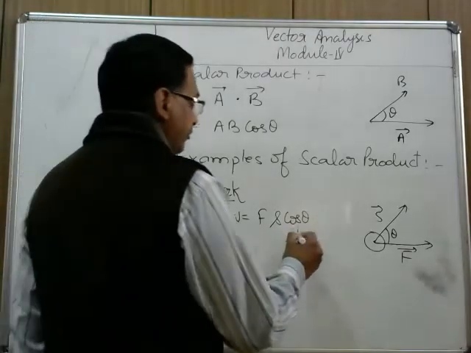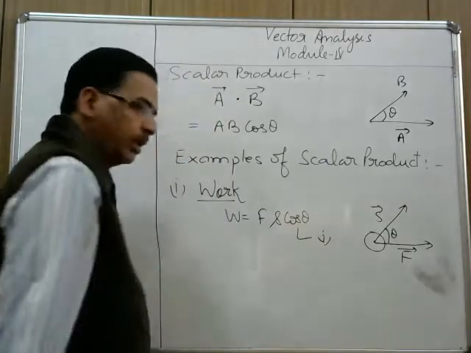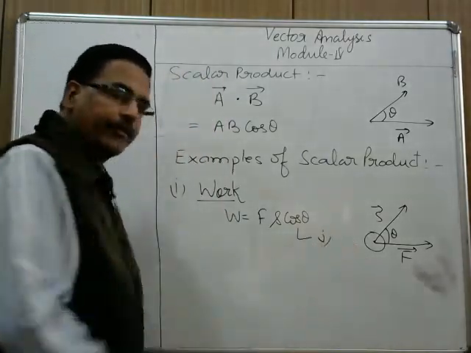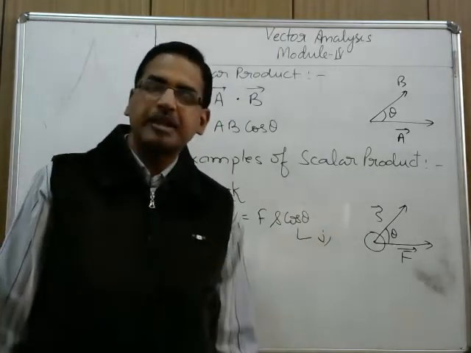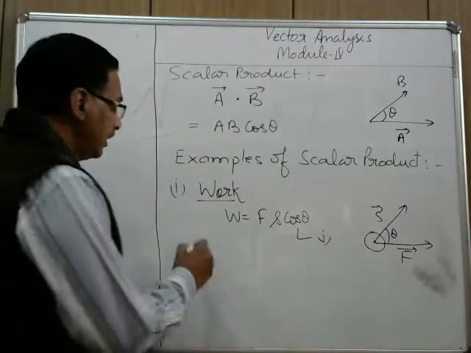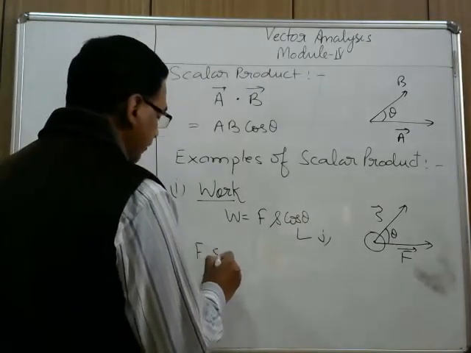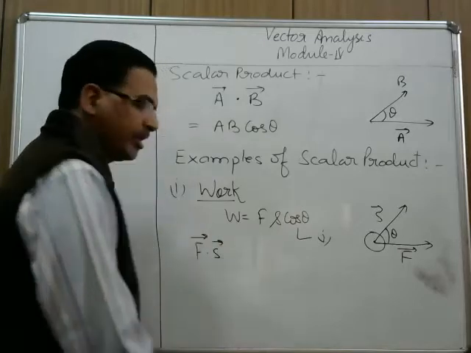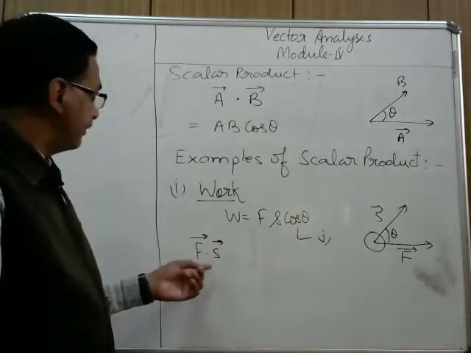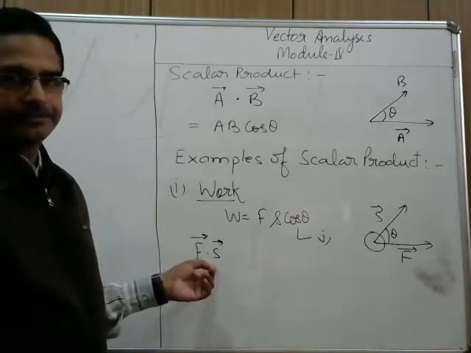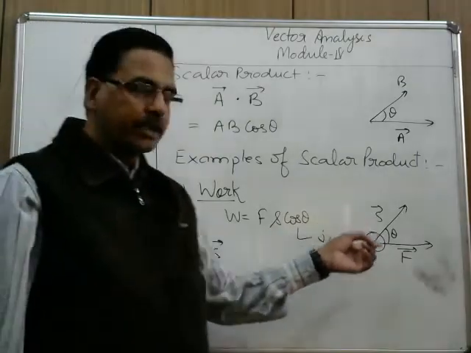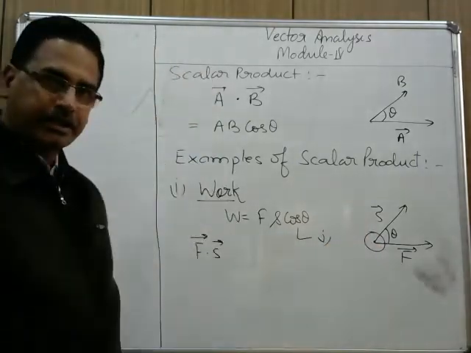Now let this equation be first. Now, force is a vector quantity, displacement is also a vector quantity. Let us consider the scalar product of force and displacement, F dot s. As you can see in the figure, the angle between force and displacement is theta.